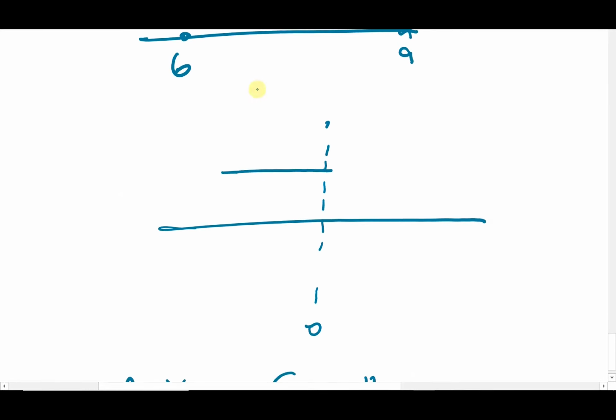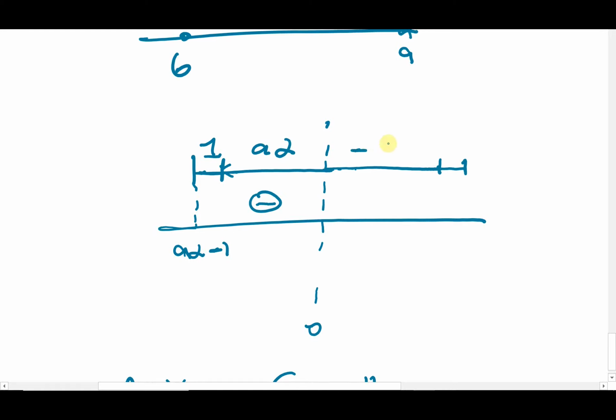So if we have A alpha, and then this is going to be 1, this point right here is A alpha minus 1. So this whole distance is A alpha in the negative direction. And then using symmetry on both sides, this will be negative A alpha, and this would be 1.